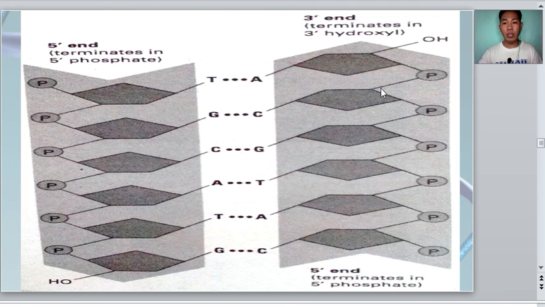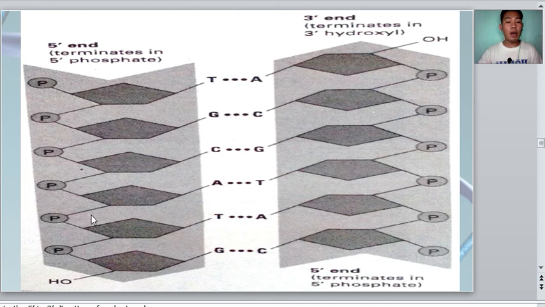On this portion of the strand, it starts with the 3' end up to the 5' end. So the phosphate groups here in both sides join at the 3' carbon atom of one deoxyribose to the 5' carbon atom of the adjacent deoxyribose.